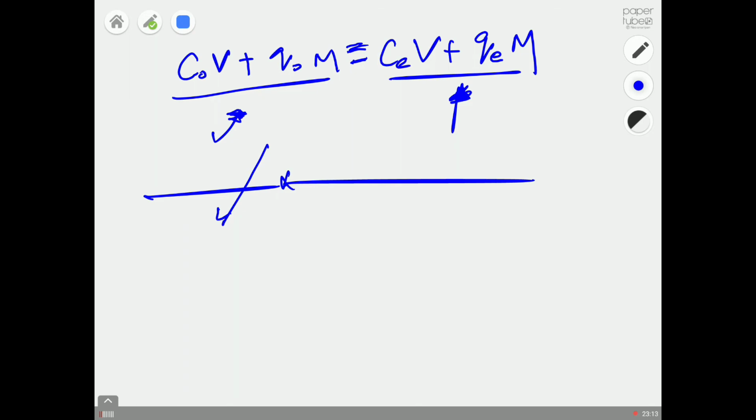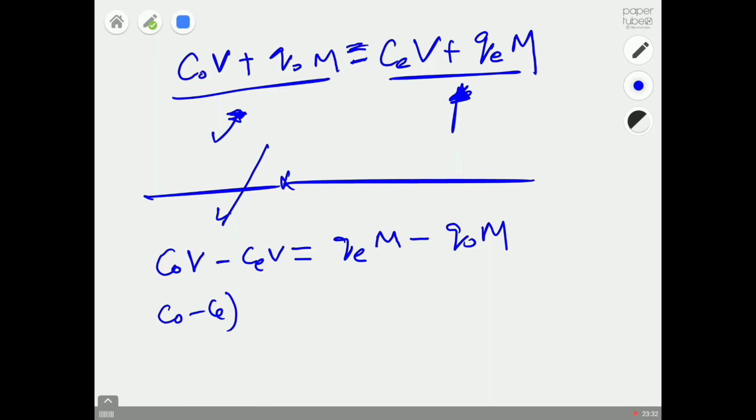So let's take the solution concentration to one side of the equation: C0V minus CEV should be equal to QEM minus Q0M. So C0 minus CE, we take V as a common factor, and here M is a common factor, QE minus Q0.